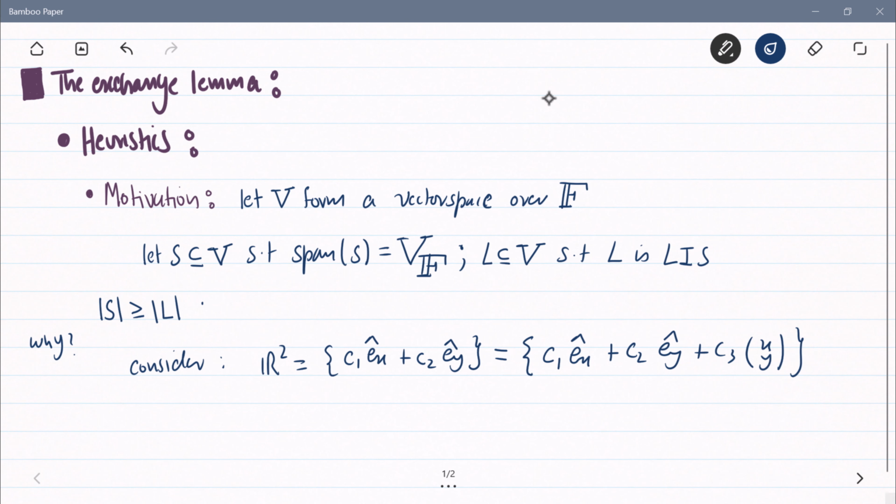That is, if something spans a space, that may not necessarily be a linearly independent set, because this spans R2 and this is not a linearly independent set. So it sort of tells you something about the spanning set being larger than the linearly independent subset. You can look at it in both ways.